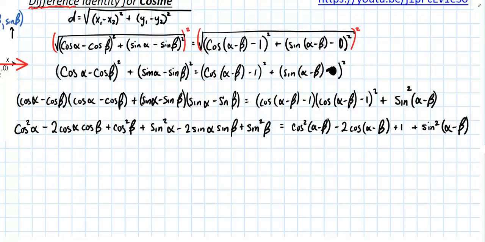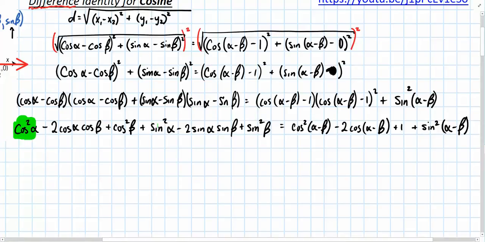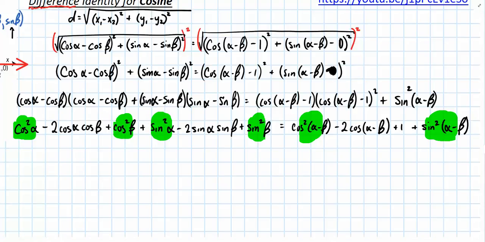Hopefully what you're starting to recognize is that we're getting pockets of these cosine squareds and sine squareds, and maybe you're starting to think that we get to use one of our existing Pythagorean identities. And if you're thinking about that, then you're absolutely correct.